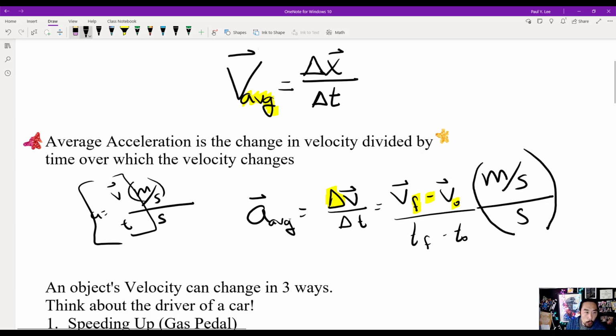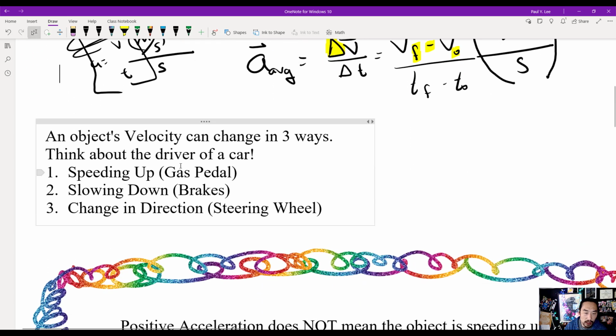With that being said, let's go into the details of the definition of acceleration. An object's velocity, so the change in the average velocity, can change in three different ways. Remember, the change in velocity is acceleration. The way that I like to think about it is, think about if you're the driver in a car.